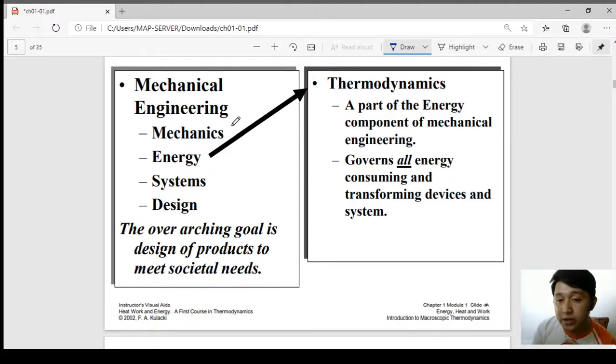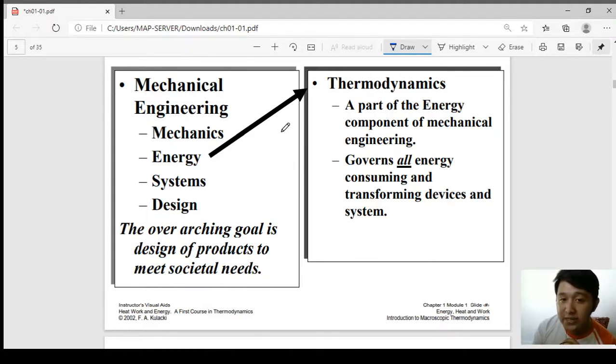In every engineering course, kay ang end goal jud niya is to analyze, to design products or mechanical devices to alleviate or to solve or to improve the quality of life of humans. So that's why ang overarching goal is design of products to meet societal needs.